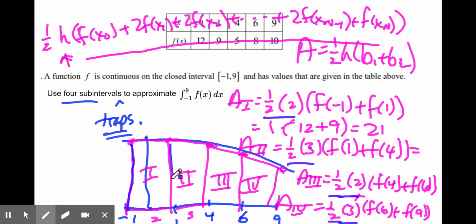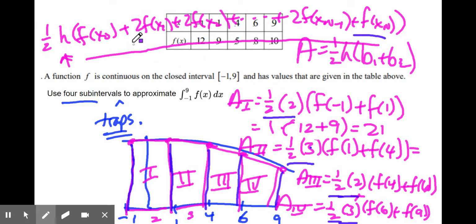But then all of the values in the middle are used twice. So there'd be 2 f of 1s, then 2 f of 4s because it would be on 2 trapezoids, then 2 f of 6s because it would be on 2 trapezoids. And then the last one, f of 9, would only be used once.